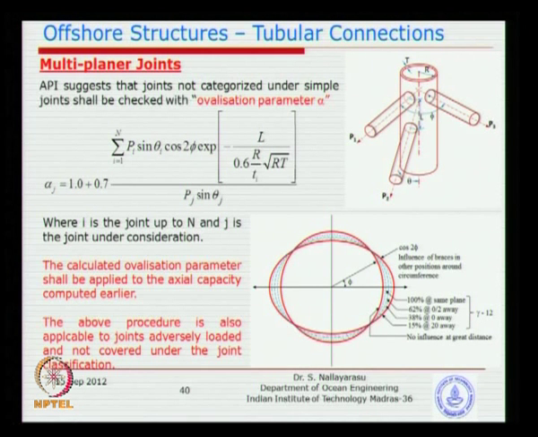Such types of joints you may experience sometimes, and all of them are going to carry either tension or compression. In such cases, people were suggesting not to classify into K, Y, T joints, but to do a 3-dimensional analysis.